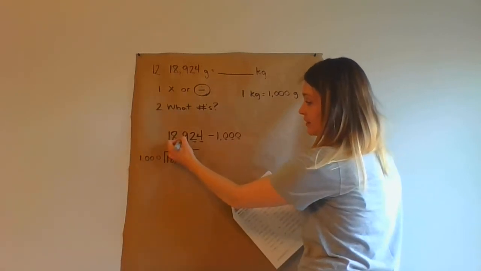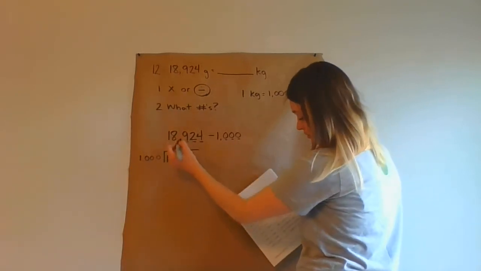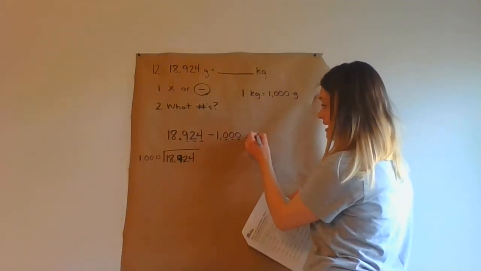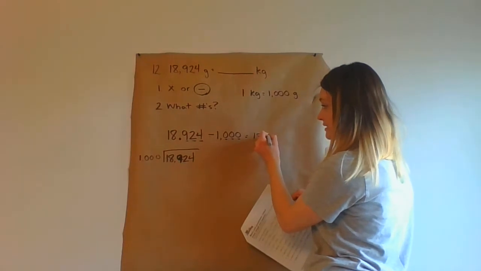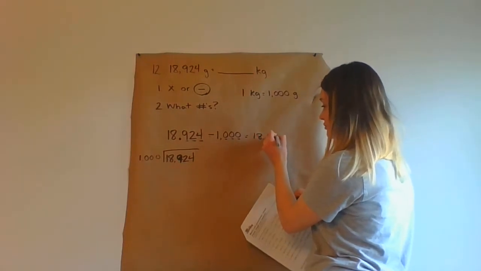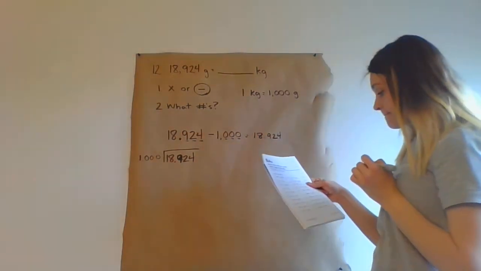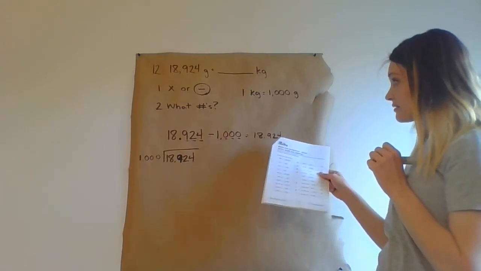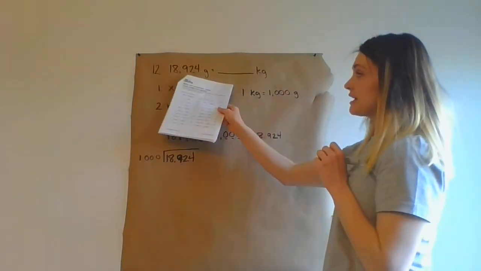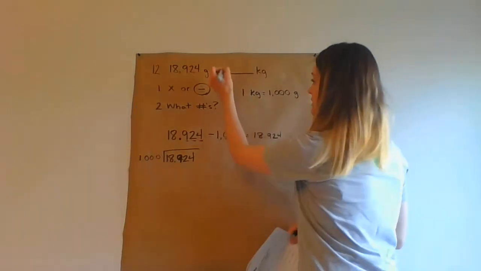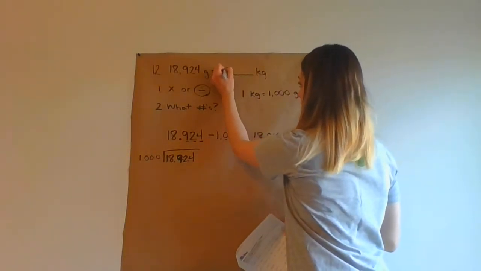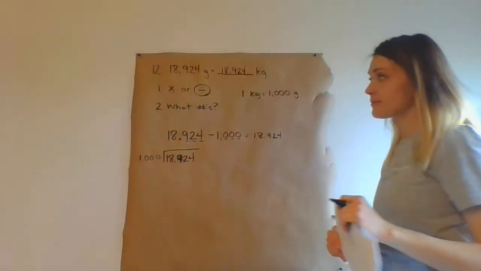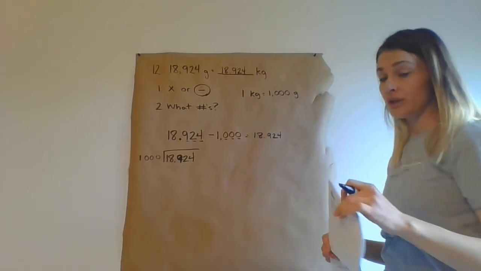This is now going to become a decimal, and your answer is going to be 18.924. So 18,924 grams is 18.924 kilograms, okay? We're gonna do another one like that.